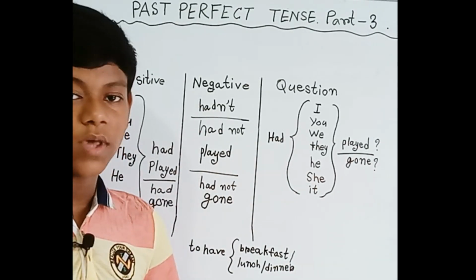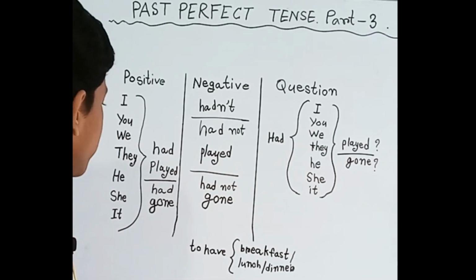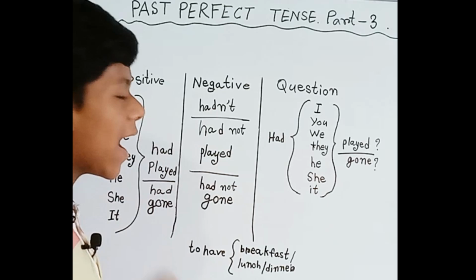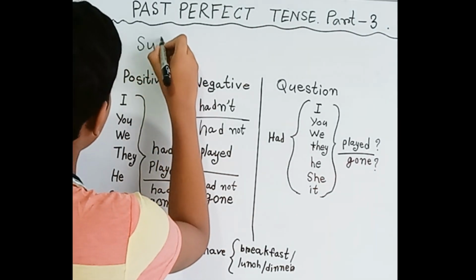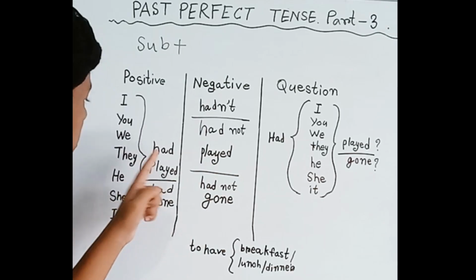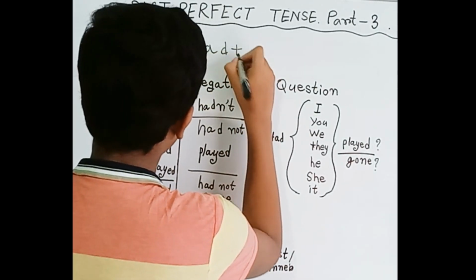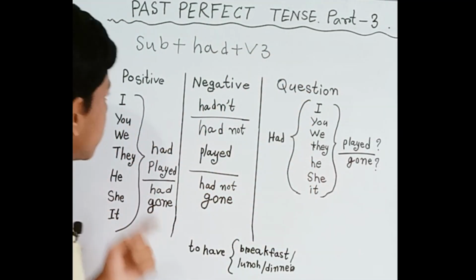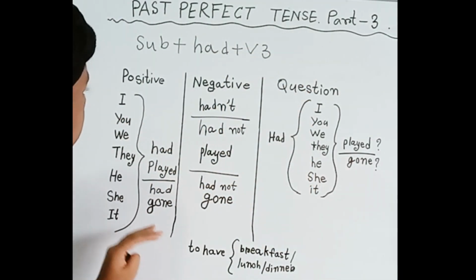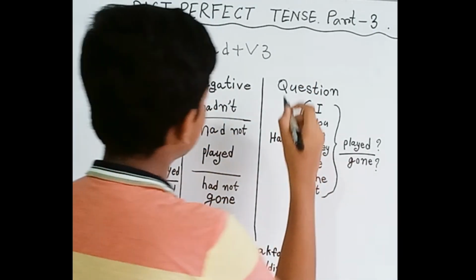During the positive, we have to put the subject, and then we have to add the had. For example, I am writing here: subject plus had plus verb 3, or it can be anything.